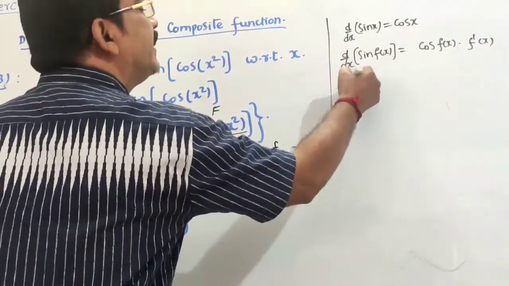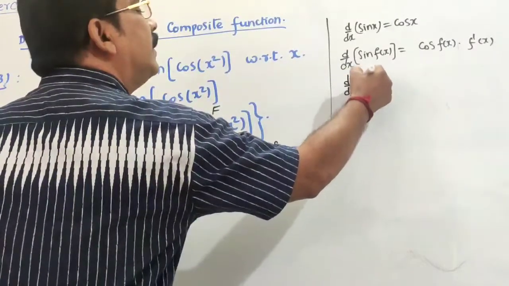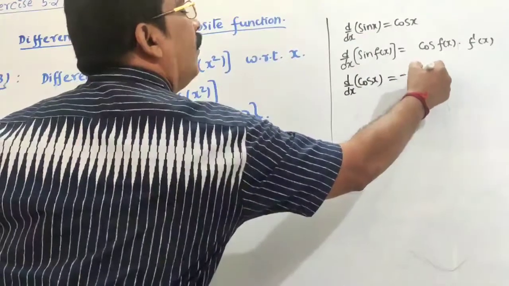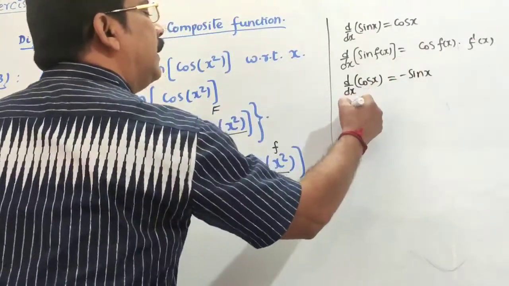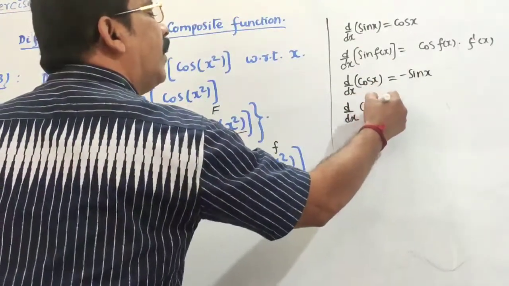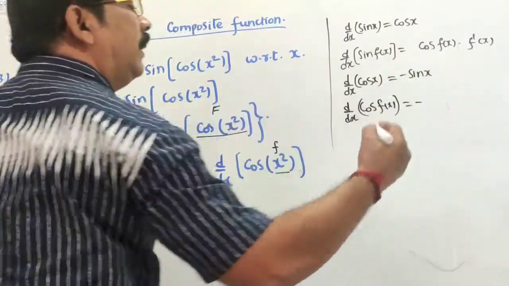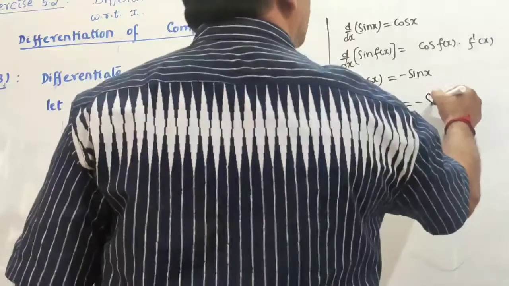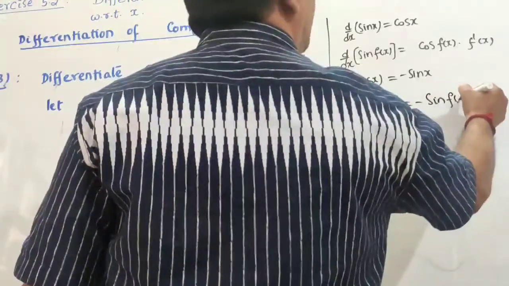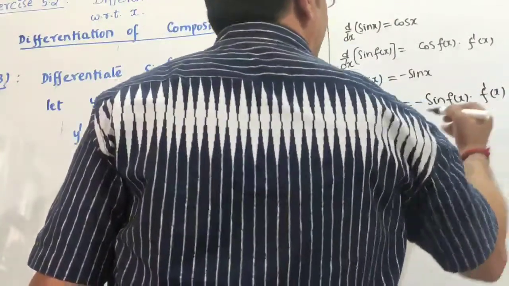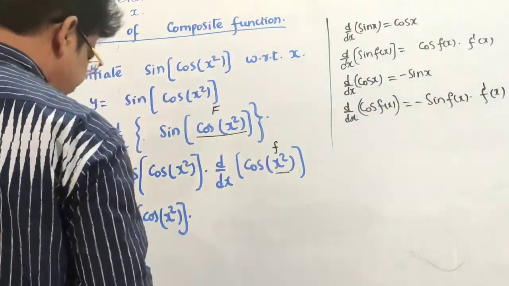D by dx of cos x equals minus sin x, so d by dx of cos of f of x equals minus sin of f of x into f dash of x.